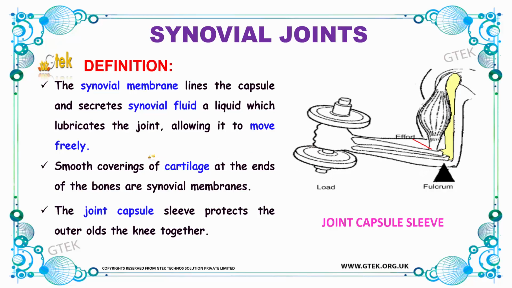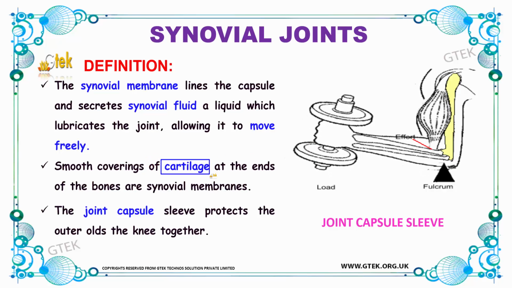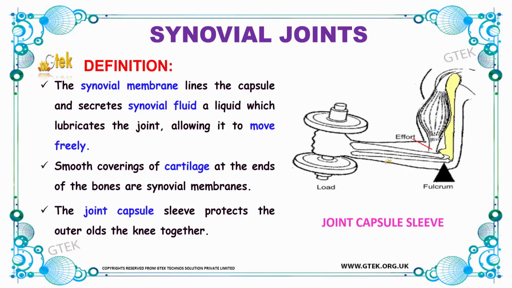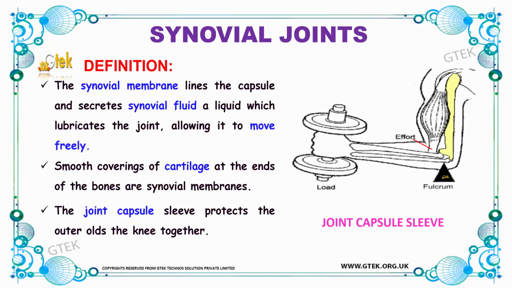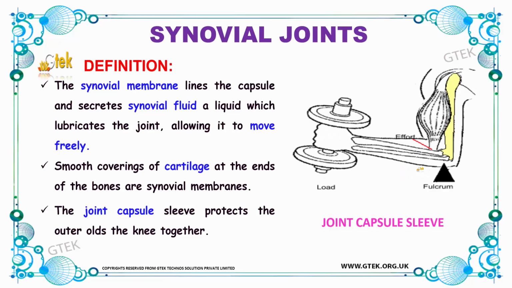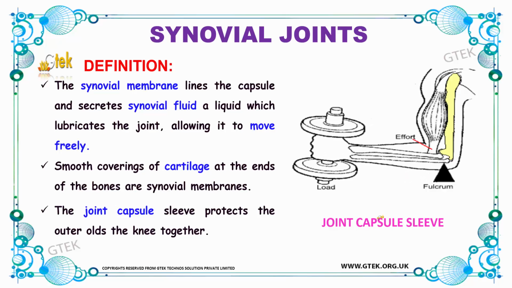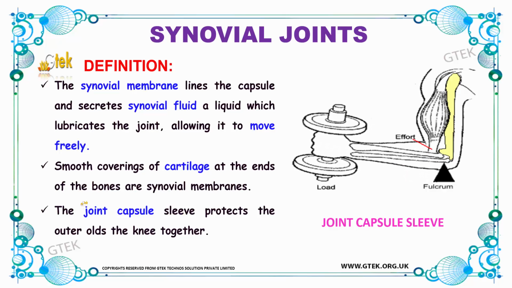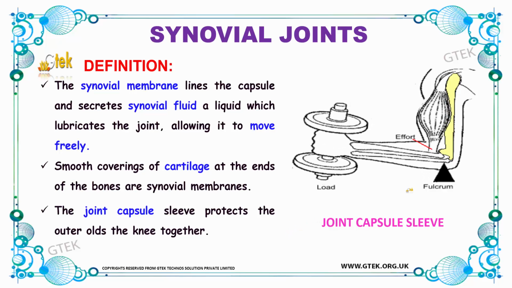If you see, the smooth coverings of your bones at the end are known as cartilage, and they are covered by your synovial membranes. So these ensure that you have a free movement. The joint capsule sleeve protects the outer parts of the knee together so that they don't move too much, ensuring that you have a perfect movement.